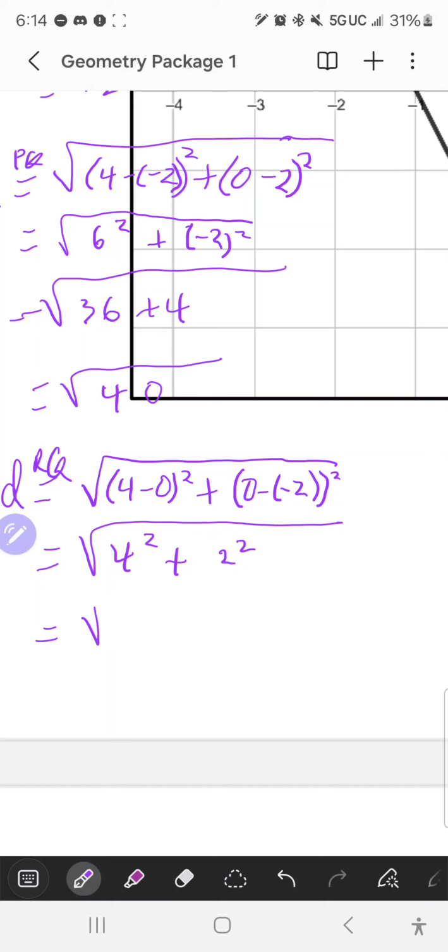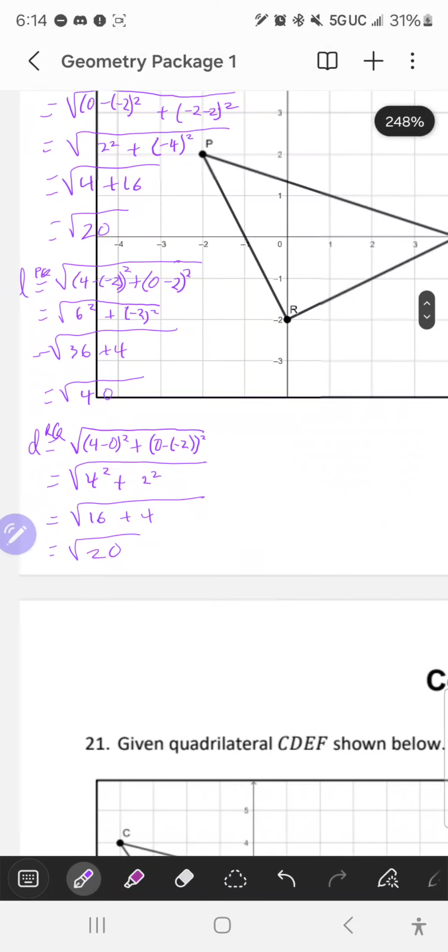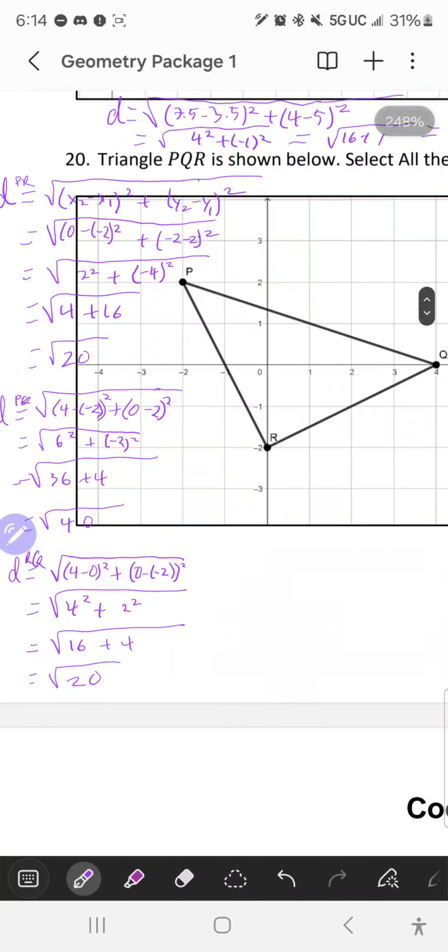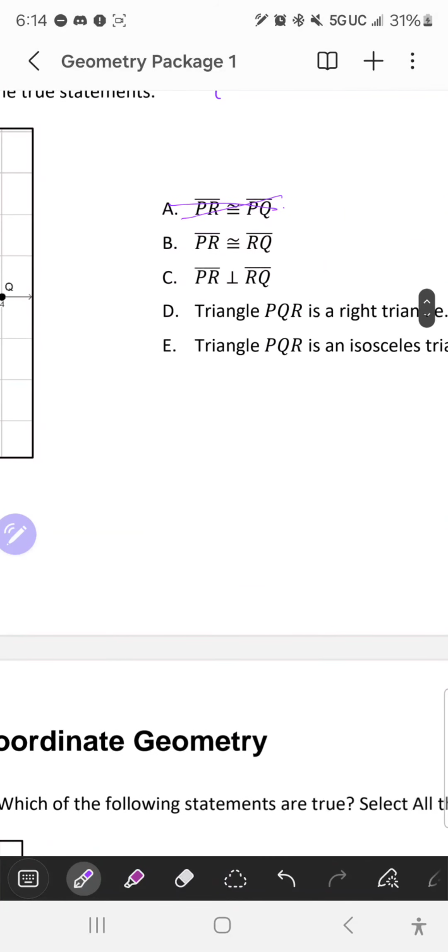This is 16, for 4 times 4 is 16, plus 2 times 2 is 4. This is the square root of 20, which we see that RQ is the same as PR, so this statement is true.